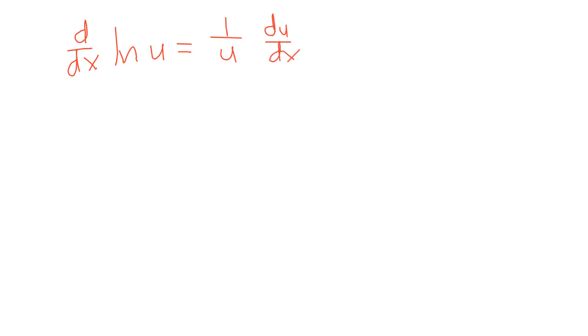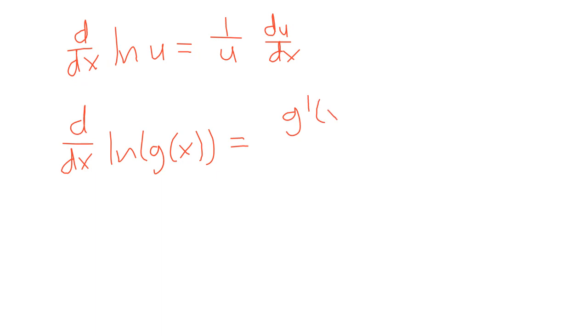Or if we want to put everything in terms of x, d over dx of the natural log of g of x is equal to g prime of x over g of x.